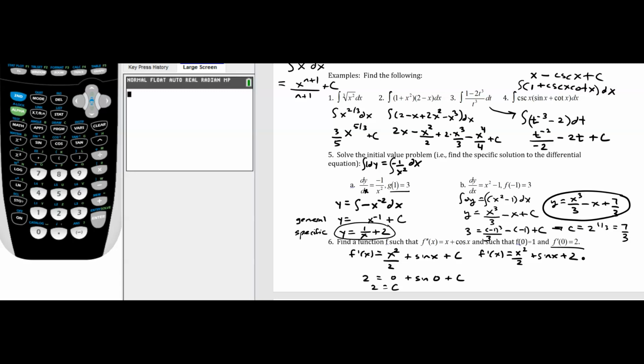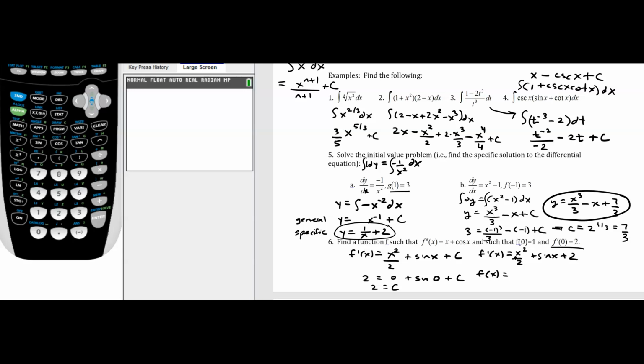Okay, so now let's do the antiderivative again. And one thing that I probably have not emphasized enough is when I see constants in front of powers of x, I apply the constant multiple rule with antiderivatives just as much as I do with derivatives. Because the antiderivative of x squared is x cubed over 3.